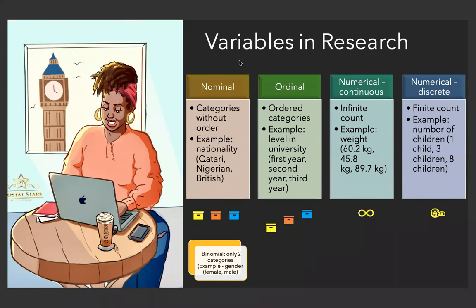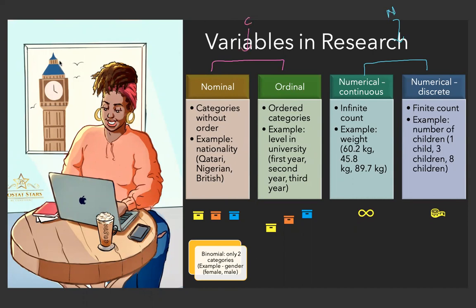So these two are categorical variables, and these two are numerical variables. If the variable you're measuring is a number, it's under numerical. If the variable you're measuring is not a number, it's under categorical.